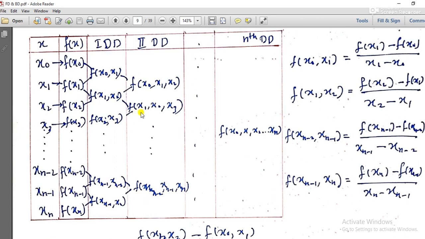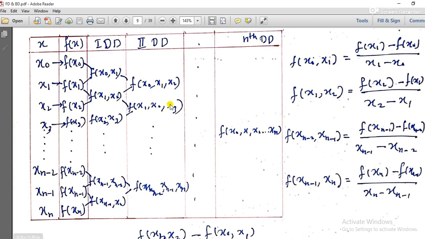Similarly, f of x1 comma x2 comma x3 is f of x2 comma x3 minus f of x1 comma x2 divided by x3 minus x1, like that.